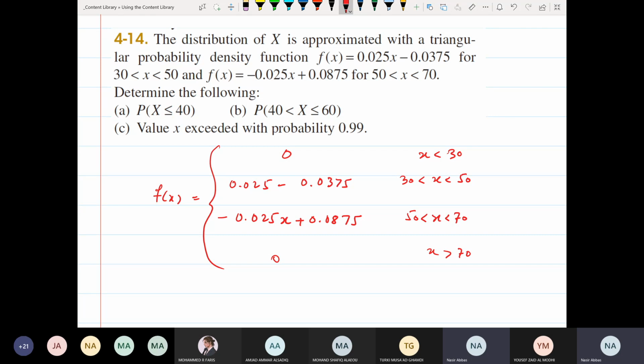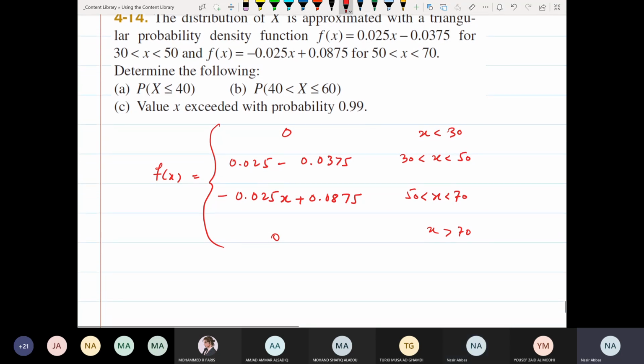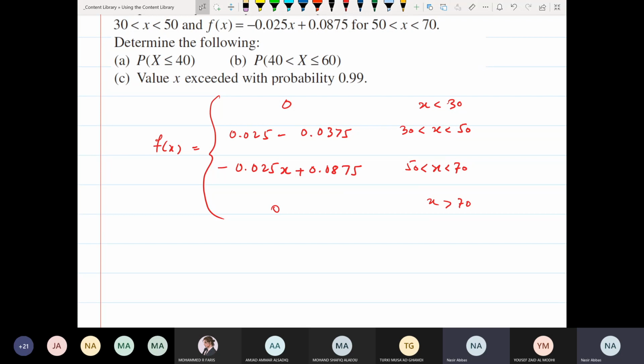Now the question says determine the probability, part A. I'm reading part A. Determine the probability of x less than 40. How do we find this probability x less than 40? This is basically integration from 30 to 40. Which function will I use? Muhammad Faris. First one.